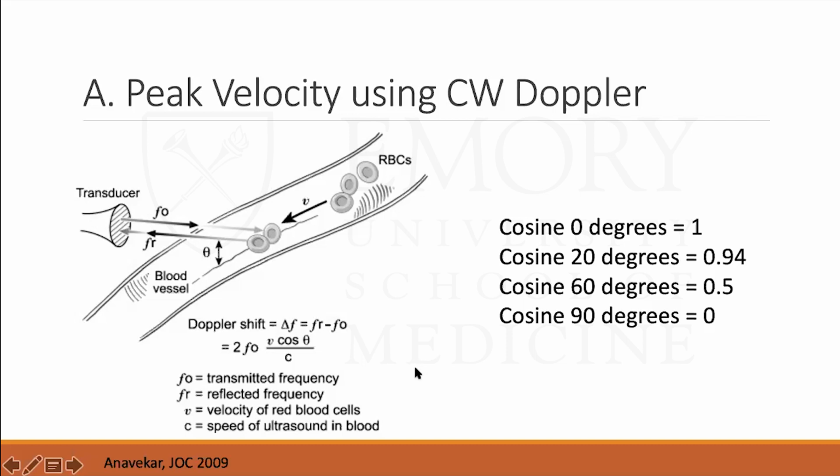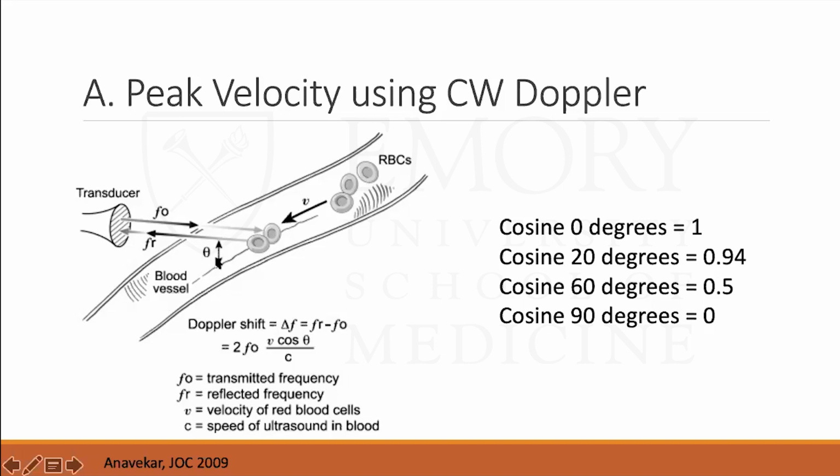You have to memorize this equation when you take your echo boards, but for the purposes of this talk, what I want you guys to focus on is this thing here, which is cosine theta. Theta is the angle between the ultrasound beam from the transducer and the flow of the red blood cells.